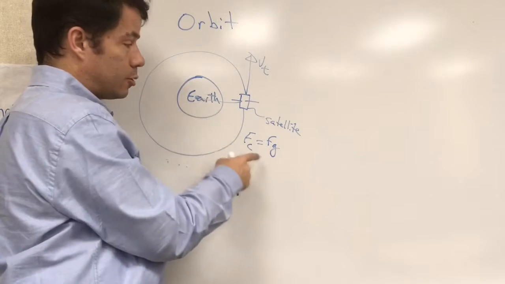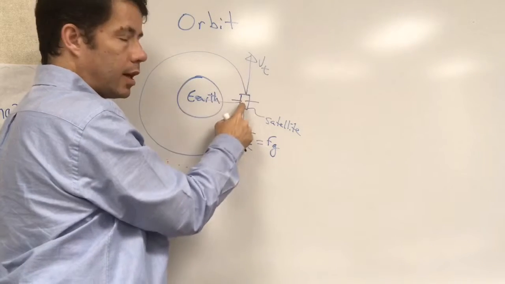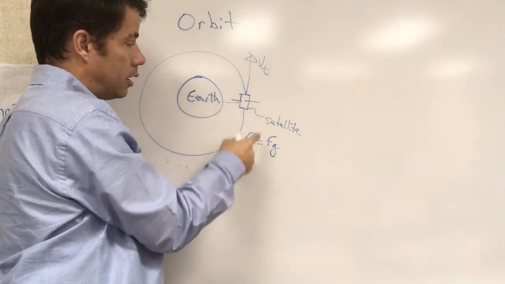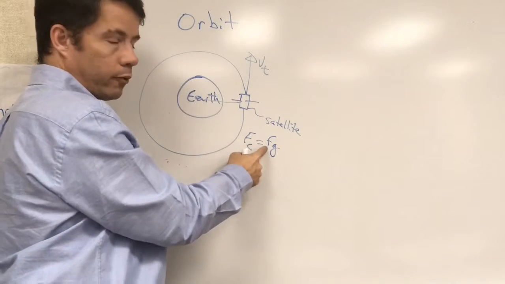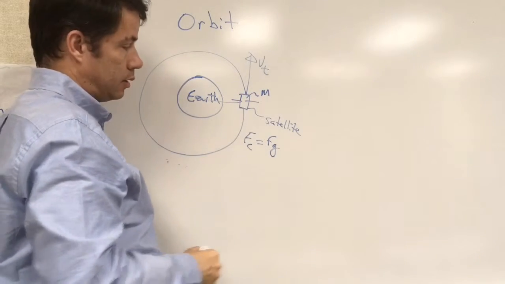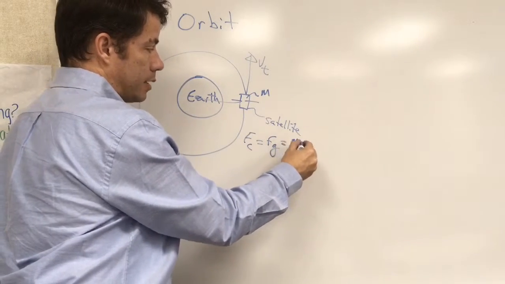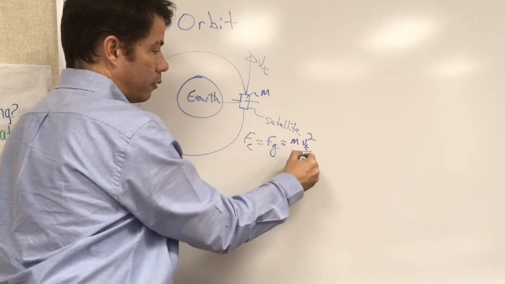So we can use this idea to decide how fast we need to make the satellite go in order for it to stay in a circle. Because we know what the force is, because I know the mass of the satellite. So I can say mass times v_T squared over the radius.